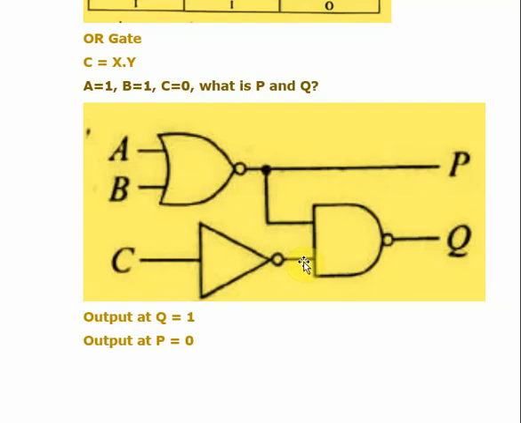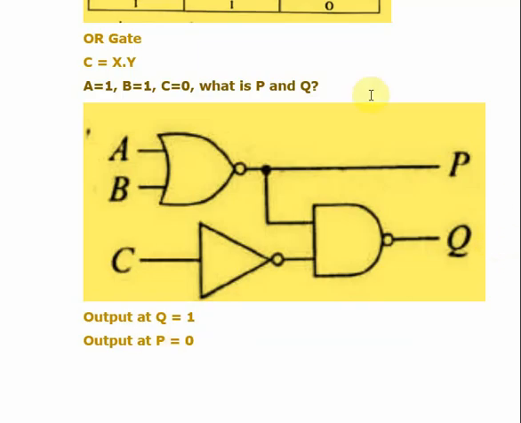So here you get 1 and 0. Always in an AND gate, 1 and 0 output will be 0. But again here this shows a NAND gate, with NOT, so 0 becomes 1. So then P is equal to 0, Q is equal to 1.